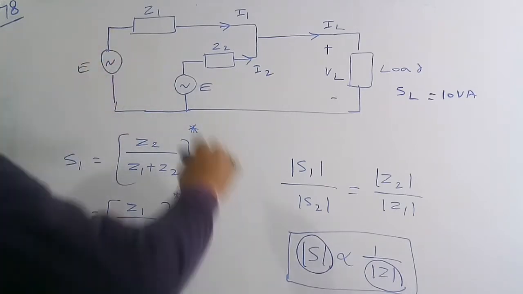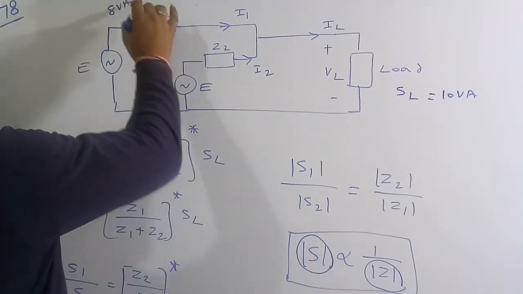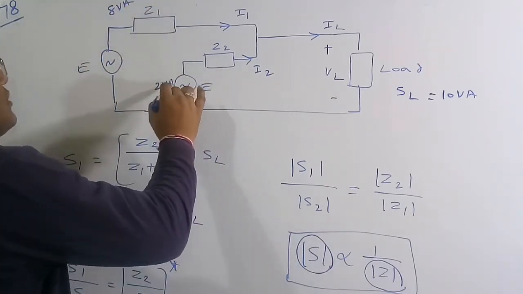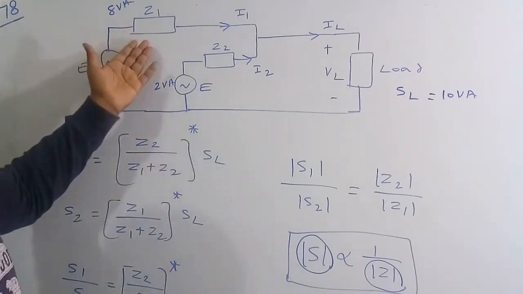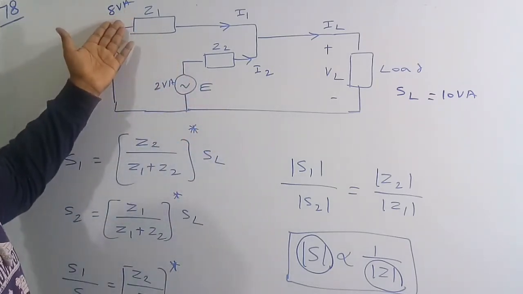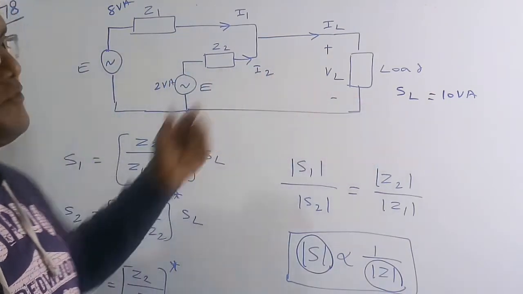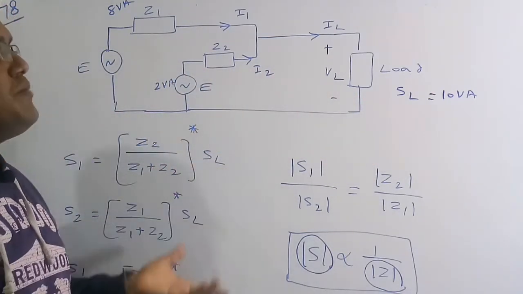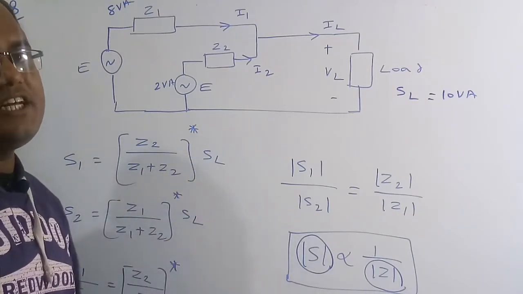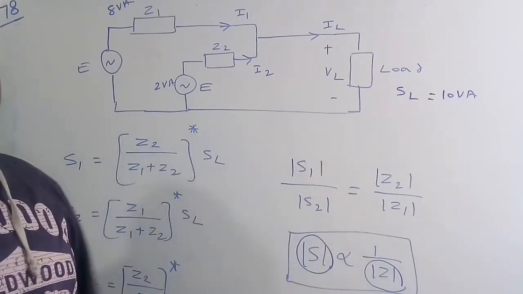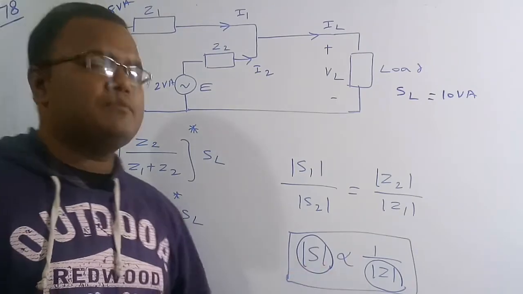So let me assume it can share 8 VA and the other can share 2 VA. So if Z1 is lesser than Z2, it is going to share more than the second in order to meet the load demand. Therefore, whichever transformer has minimum impedance can share a huge amount of complex power to the load. So these are inversely proportional.